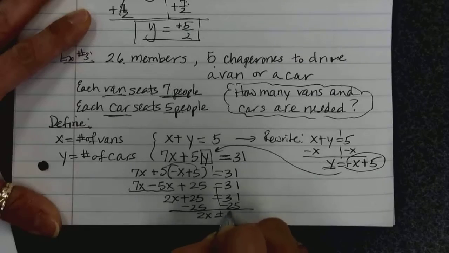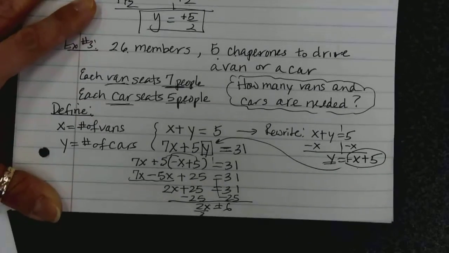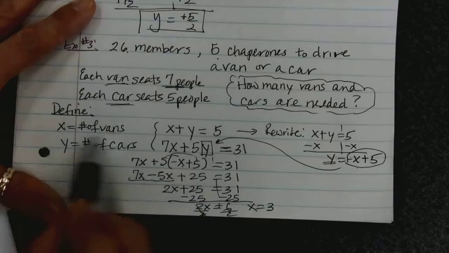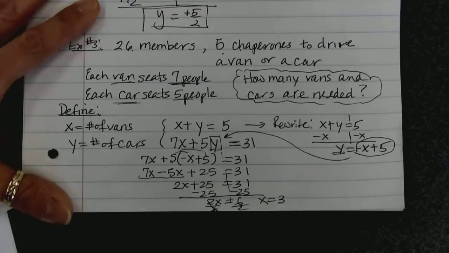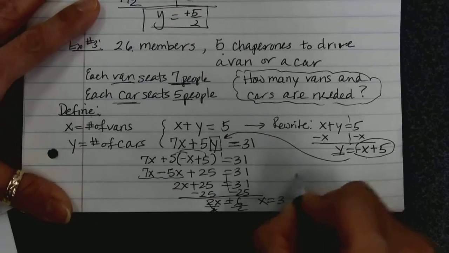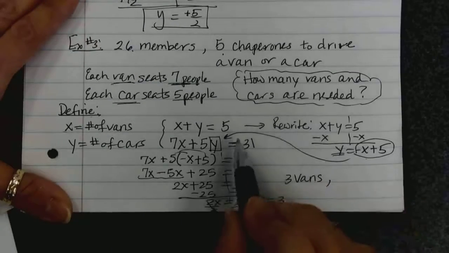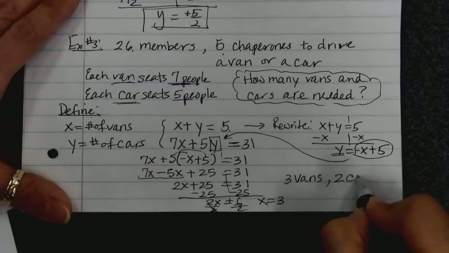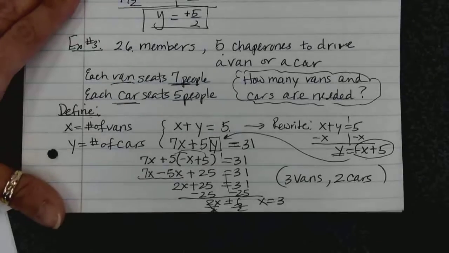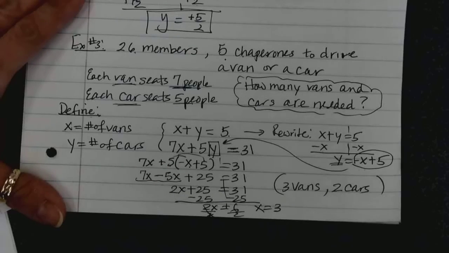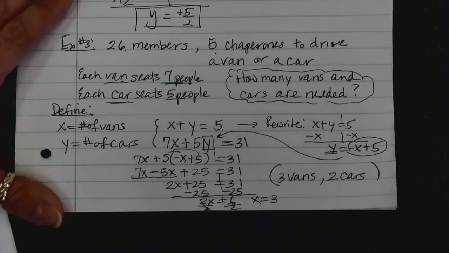So what I get is 2x equals 6, and then I'm going to divide by 2 and divide by 2. So x has to equal 3, and x is the number of vans. So we've got 3 vans, and because there's a total of 5 vehicles, I have 2 cars. And that's my solution. And this is the substitution method for solving a system of equations.